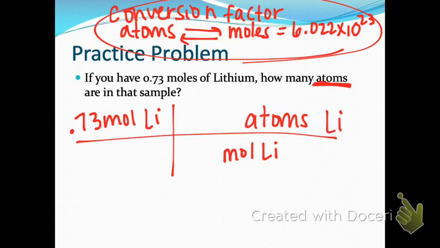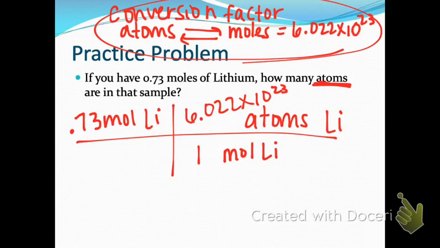Moles always gets the 1. That's still true here. How many atoms do we know are in 1 mole of anything? 6.022 times 10 to the 23rd. We know that many atoms is in 1 mole of anything, regardless of what element it is. So we're going to plug this into our calculator. Are we going to get a big number or a small number?